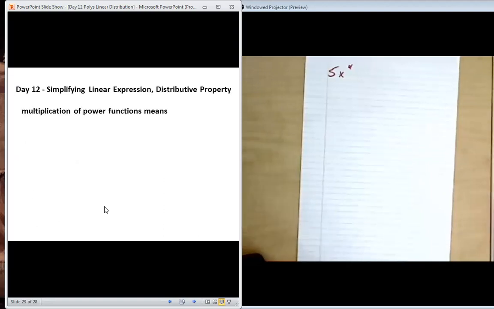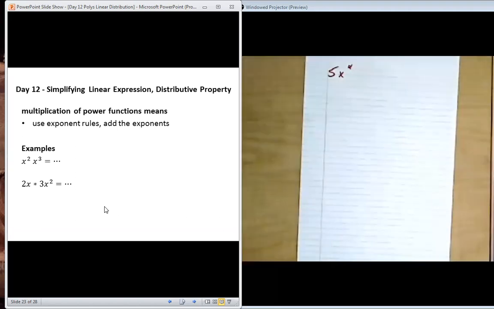What do we got? This just highlights the exponent rules you have to use. So remind me, what's the first one? X times x to the power of 2 times x to the power of 3.